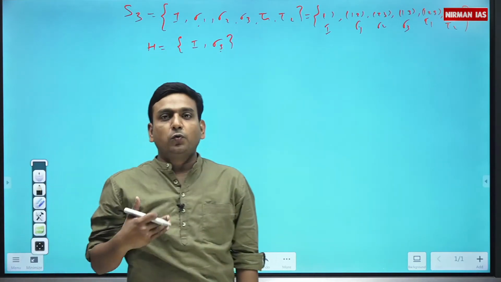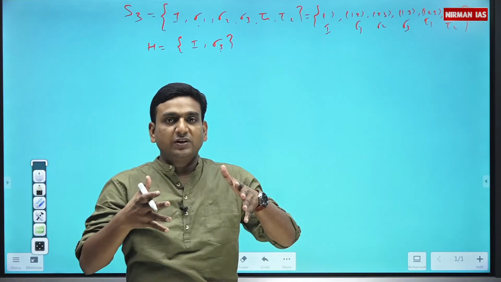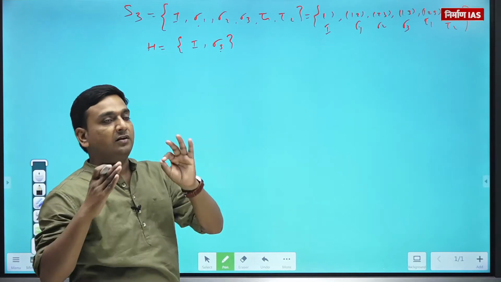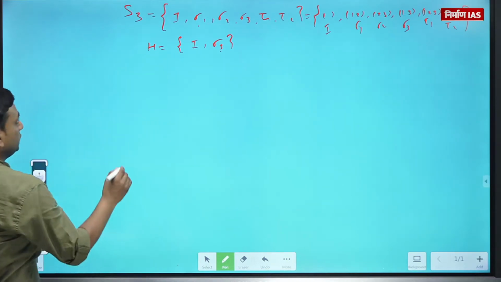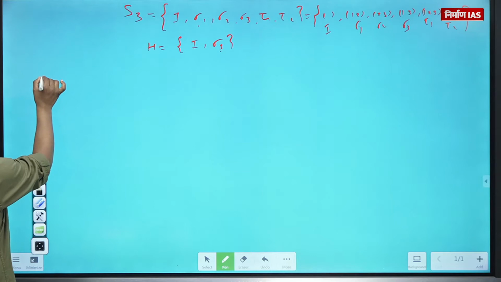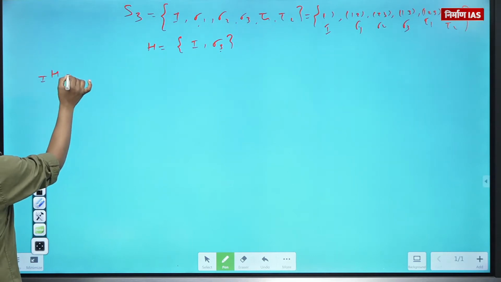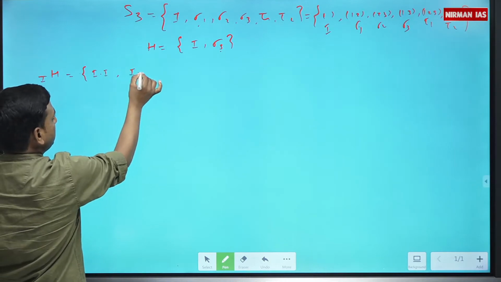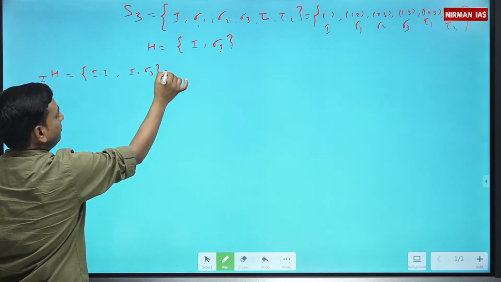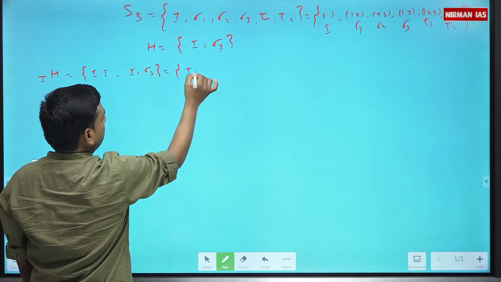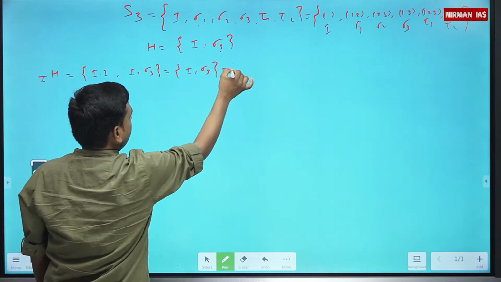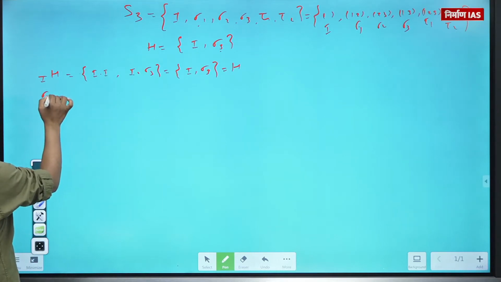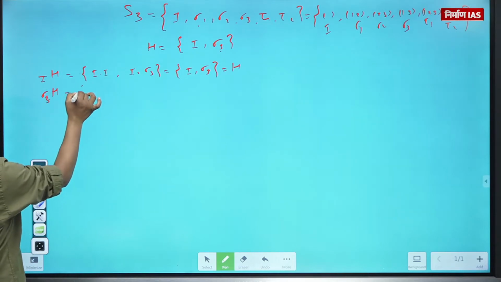What I'm going to do is take a subgroup H as {I, sigma 3}. And I want to write all left cosets of H in S3 and right cosets of H in S3. So let's try to write IH. This will be I composition I, I composition sigma 3. We have I and sigma 3 only, and that is nothing but H. Let's take sigma 3H.